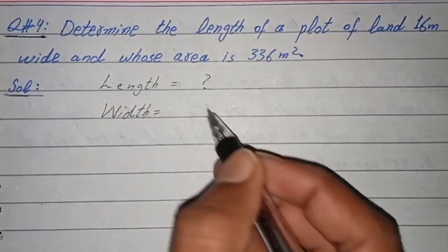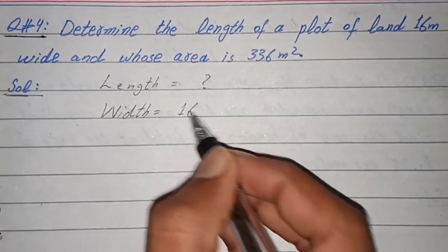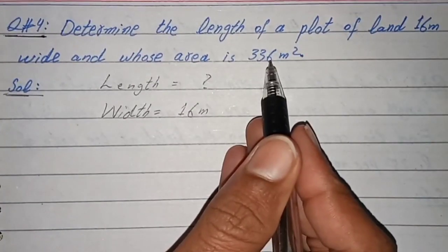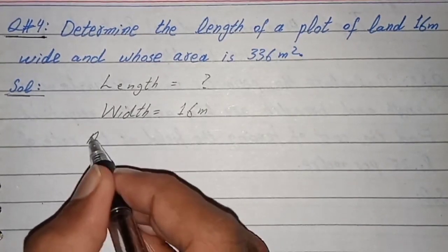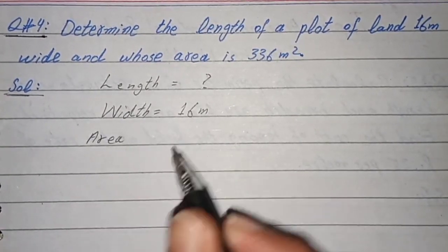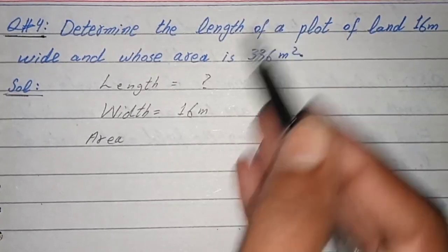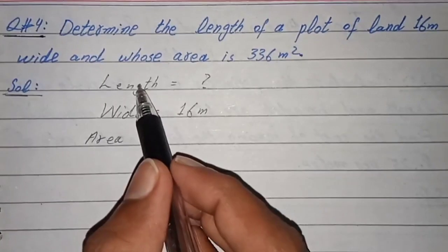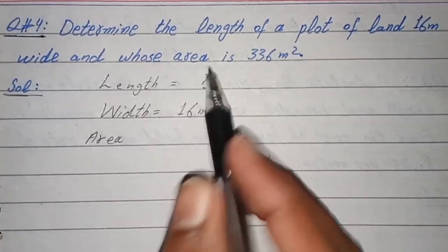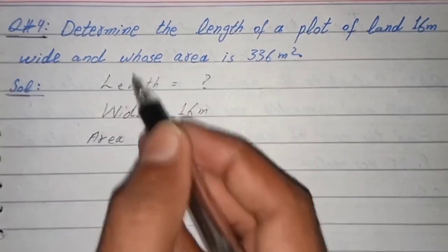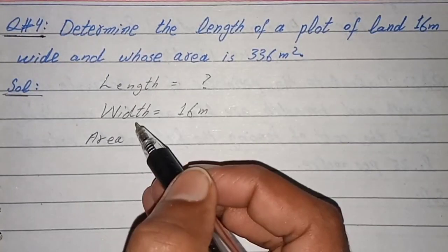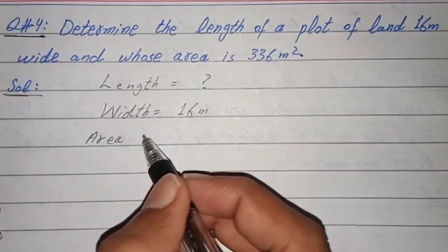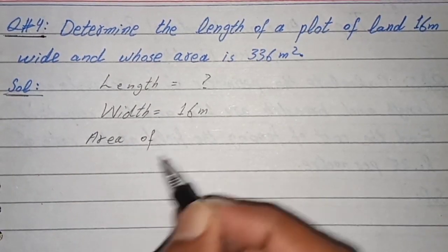Width is equal to 16 meter, and next is whose area is 336 meter square. Area, can you guess which area it is? That will be the area of a rectangle because length and width, which can also be called breadth, are given. It means these are the dimensions of a rectangle. So this is the area of a rectangle.